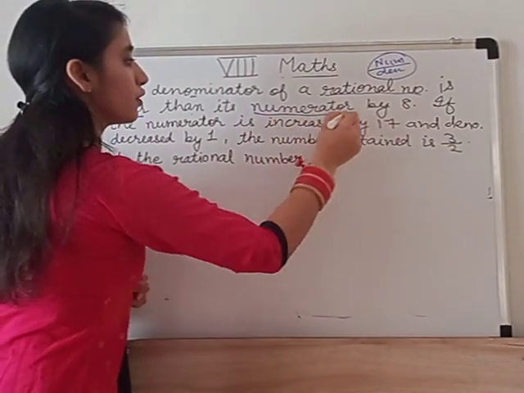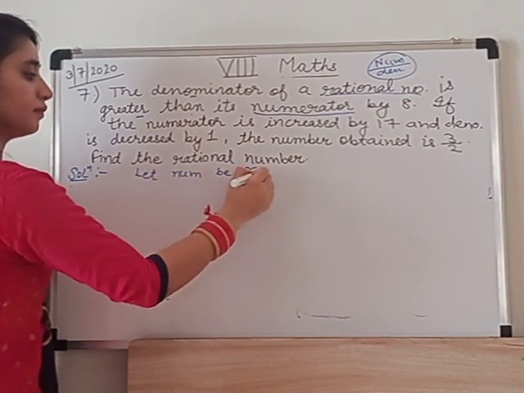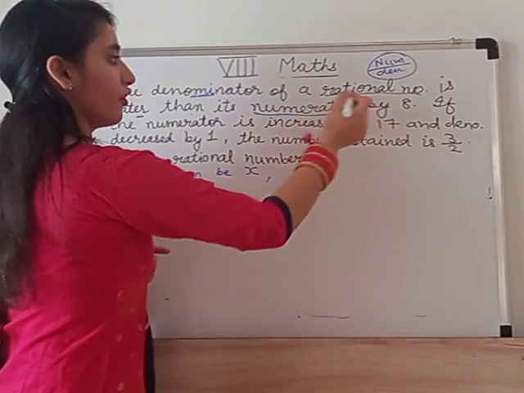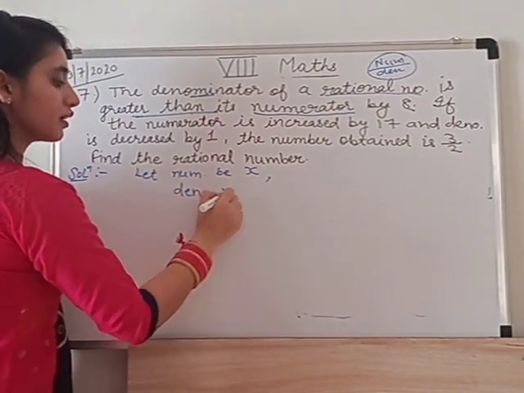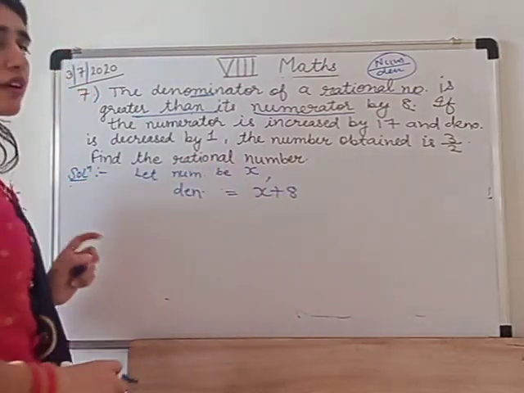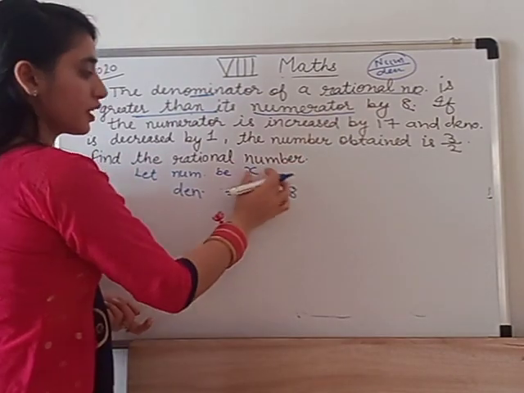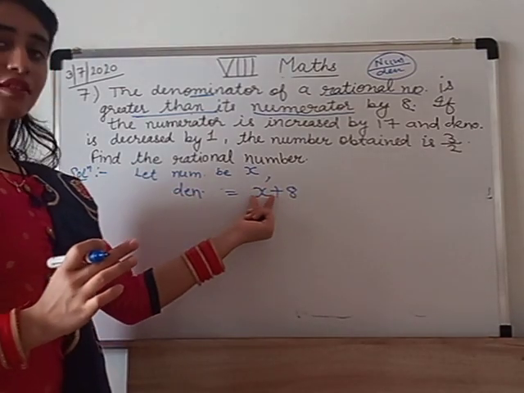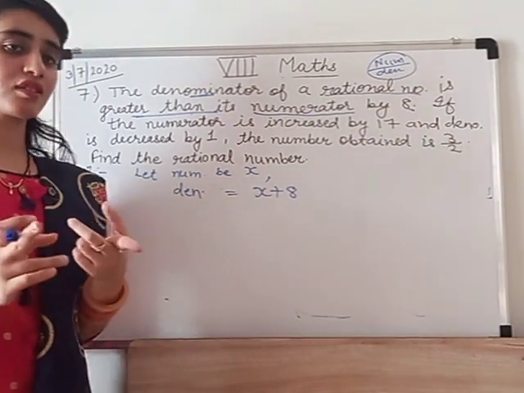So first, let the numerator be x. Then the denominator of the rational number is greater than its numerator by 8, so the denominator becomes x plus 8.